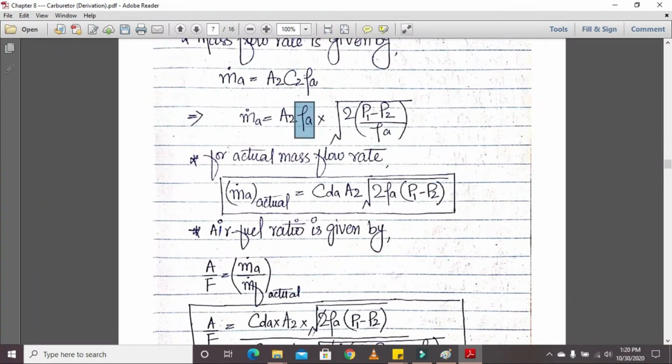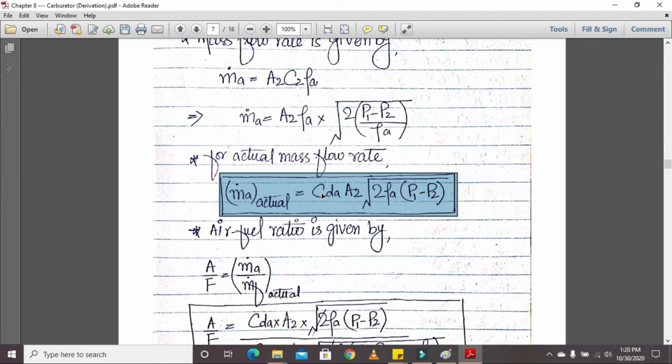Now we put the formula of C2 which we obtained earlier, and when we rearrange this, we will get this relation. You will see for the actual mass flow rate, we have also multiplied it with the coefficient of discharge of the air as well. This is the relation which we have obtained for the actual mass flow rate of air when we have considered air as an incompressible fluid.